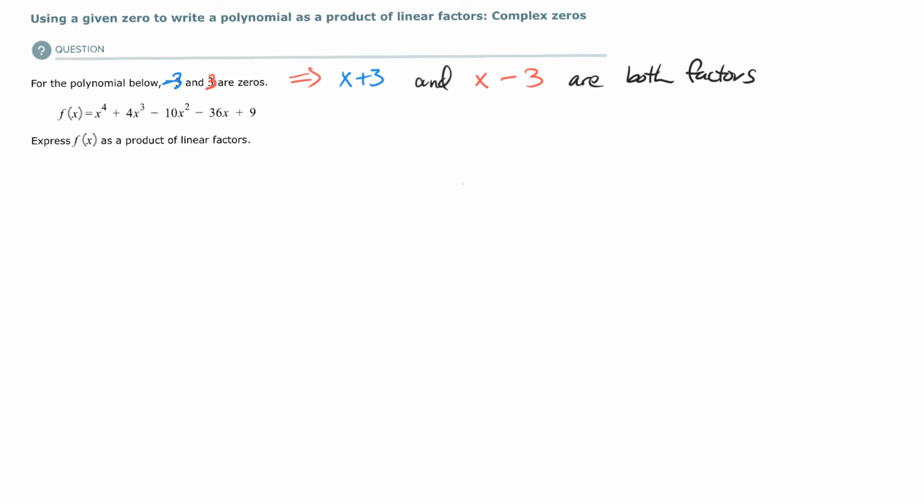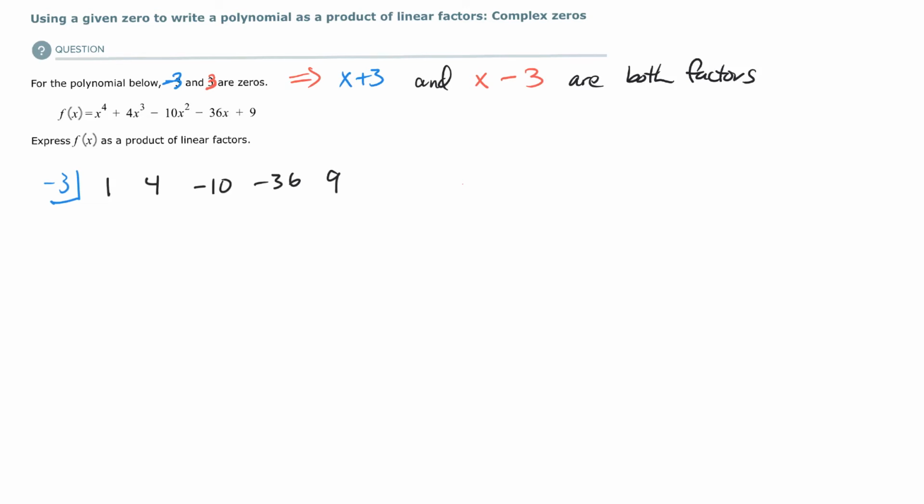So why don't we use synthetic division and divide this polynomial by x plus 3 as quick as we can? And remember, synthetic division only works with a monic binomial, which is what we have. X plus 3 is a monic binomial. We do need the coefficients: 1, 4, negative 10, negative 36, and 9.